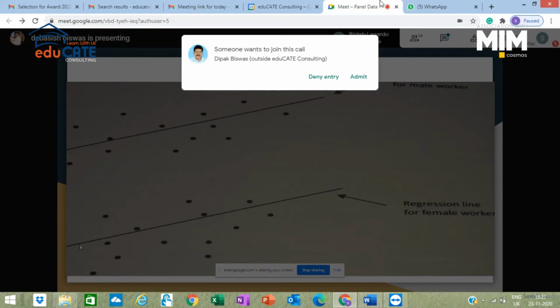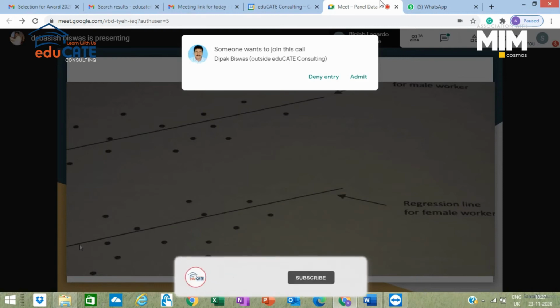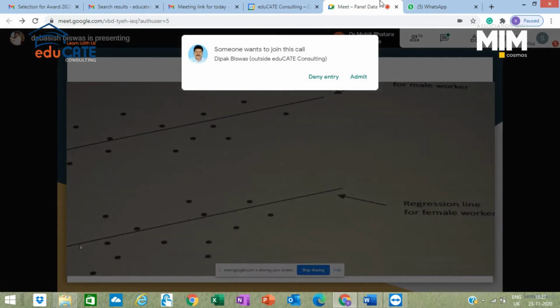But if we do not consider the panel data structure, then what types of mistake we commit, that I will show in the next graphical presentation. So again I am saying, in this case, the slope is positive in case of male worker, and the slope is also positive in case of female worker.